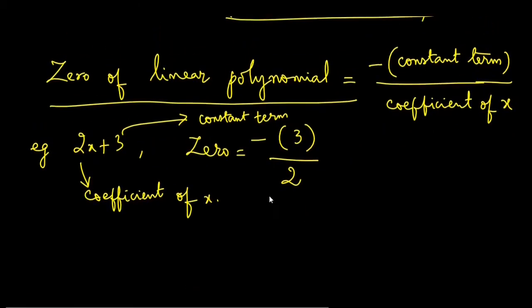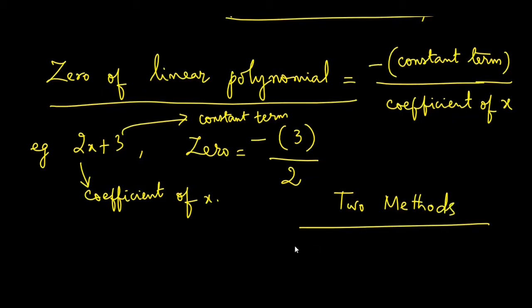We have seen how to find 0 of a linear polynomial algebraically. We have two methods to find 0 of a linear polynomial. One is algebraic method.